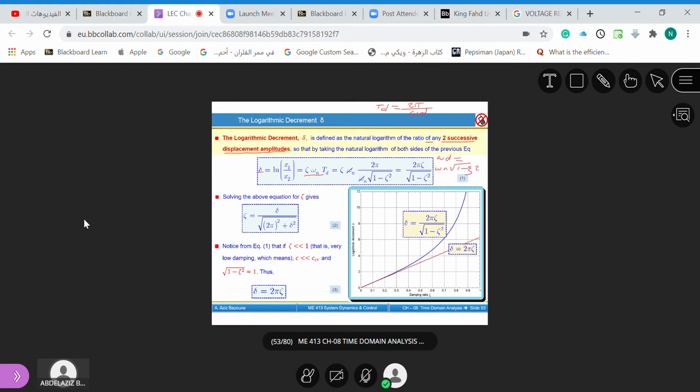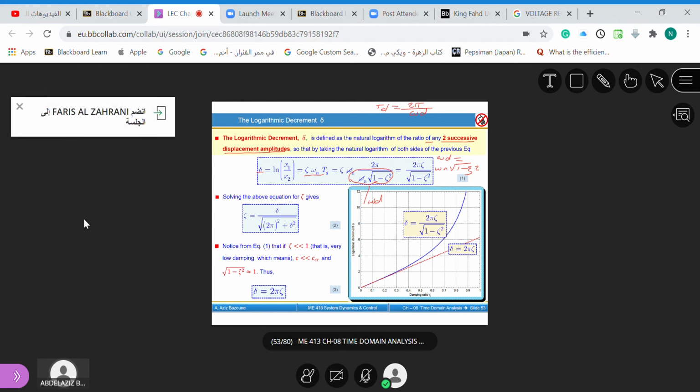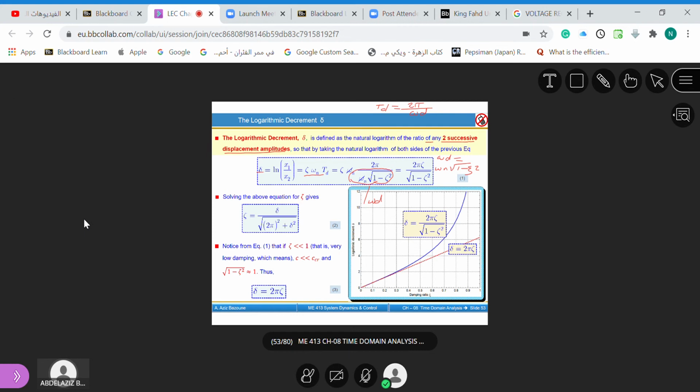So this is omega d. You simplify omega n with omega n, and you end up having delta equal to 2 pi zeta over the square root of 1 minus zeta squared.